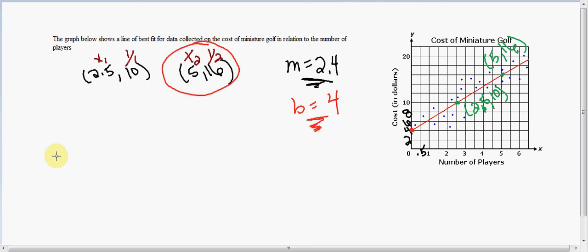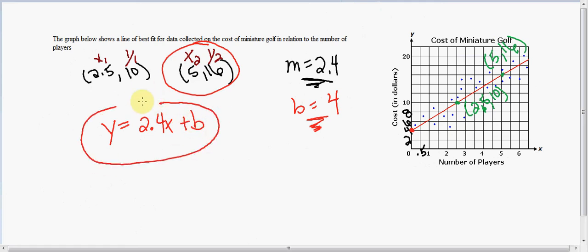Alright, so the next thing that I want to do is write the equation of the line. And to do that, I'm going to write y equals, I'm going to put the slope followed by x, and then I'm going to add on my y-intercept. So this is the equation of my line of best fit.